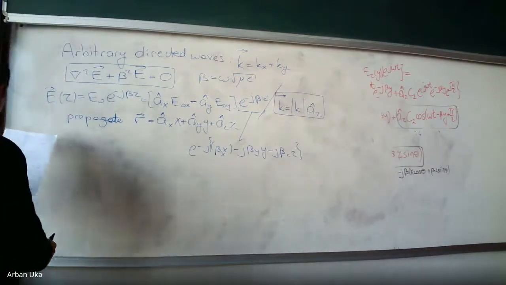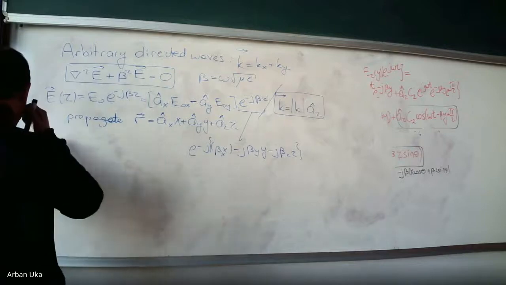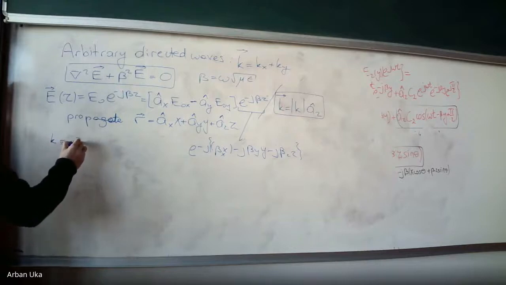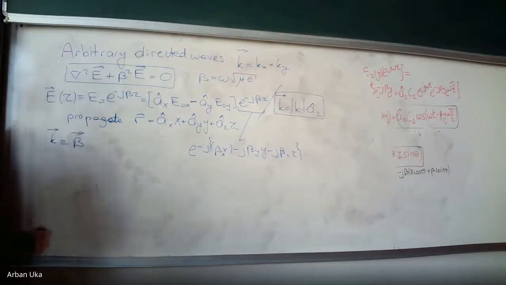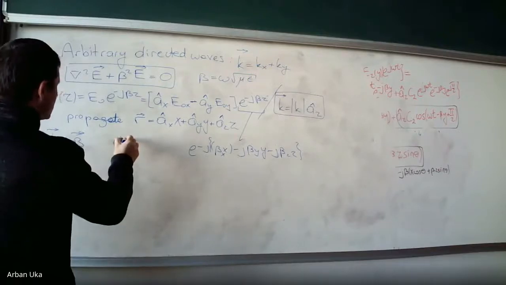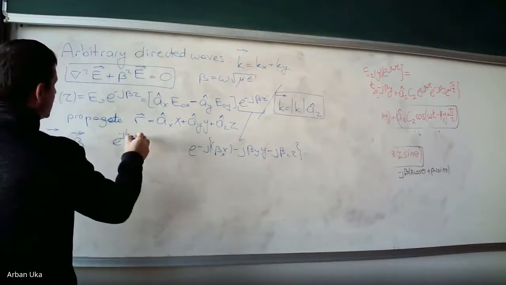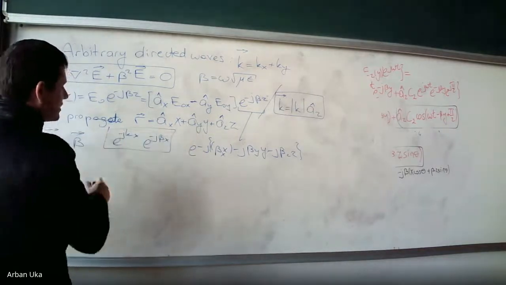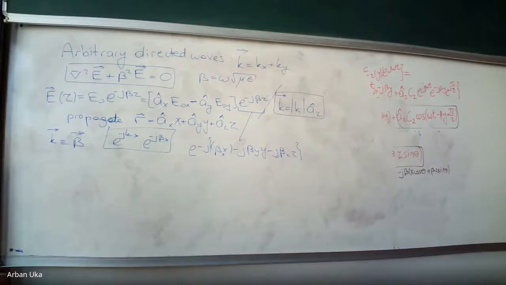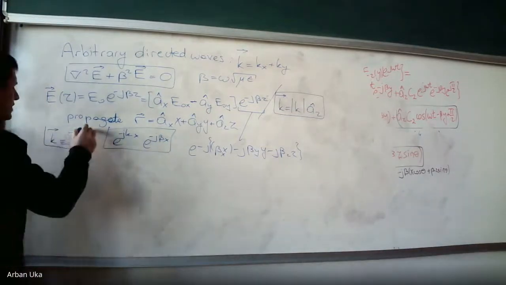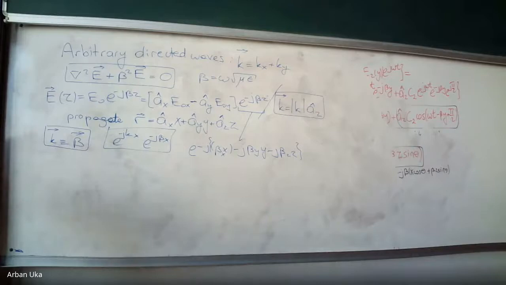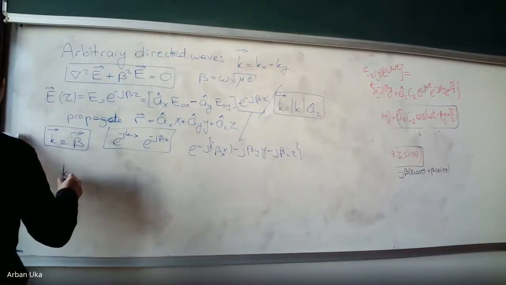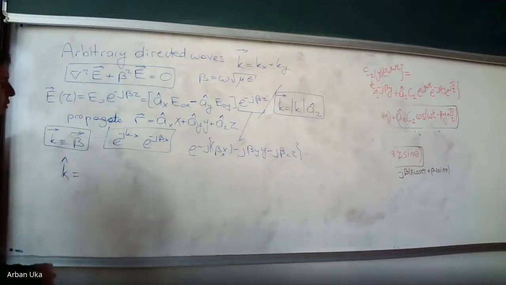And then if this is k, we can also say that this k is somewhat equivalent to beta. Often, you are going to see this a lot, we can have e to the power minus j kx x or e to the power minus j beta x. I'm just writing these two terms here to draw an equivalence between these two quantities. Then we also want to know how we define the unit vector.